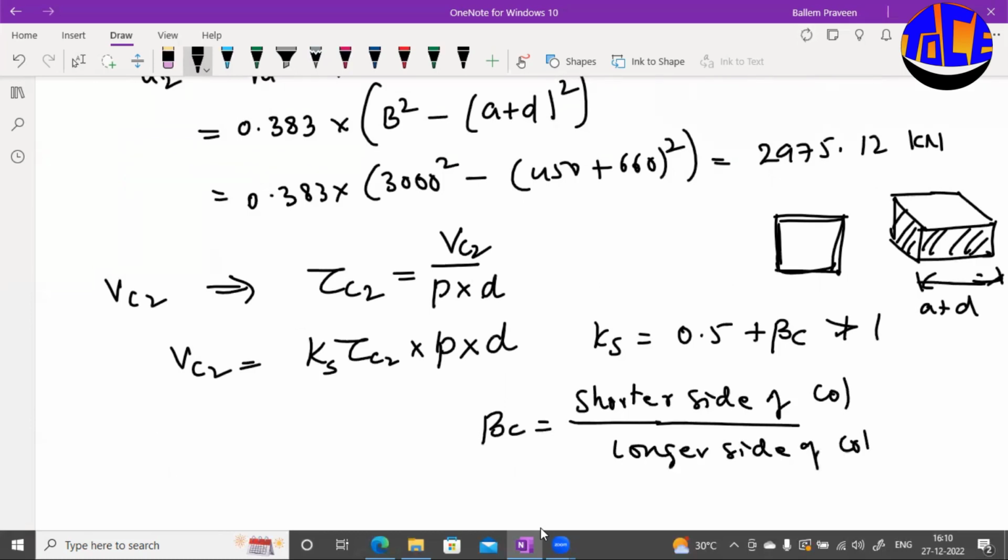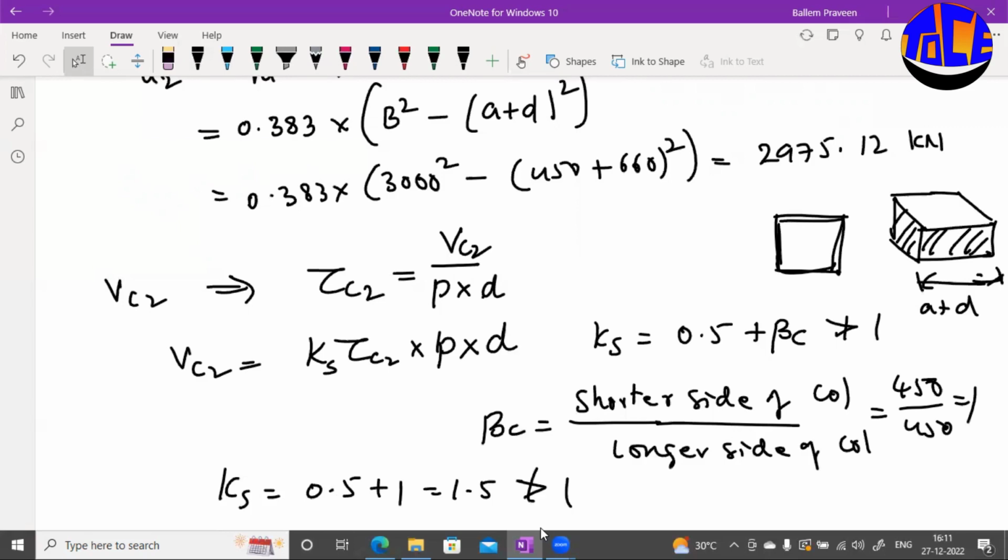Here shorter and longer are both 450, so it will be 1. Ks is 0.5 plus 1, which is 1.5, but it should not be greater than 1. Therefore let us take Ks as 1.